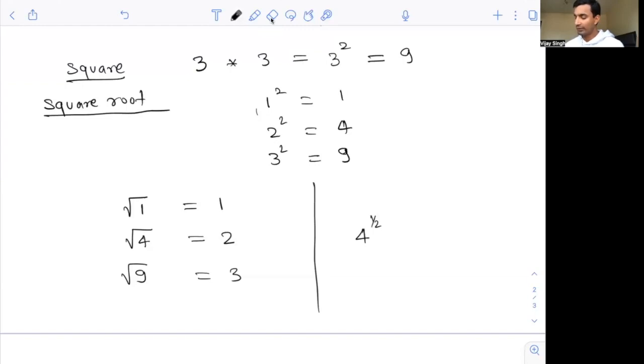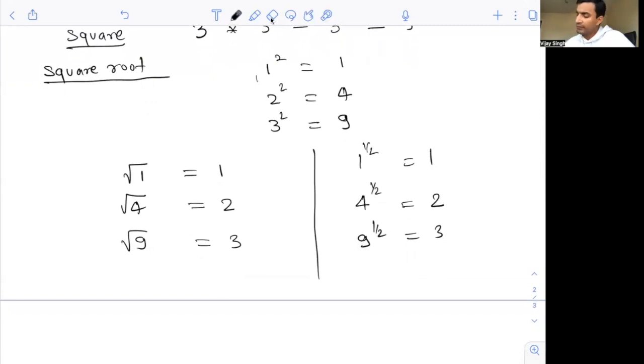So this symbol where you have 4 under this kind of a hat is similar to 4 to the power half, which is equal to 2, or 9 to the power half is equal to 3, 1 to the power half is equal to 1. Okay, so the way we have the operation of squaring, we also have the operation of square root.